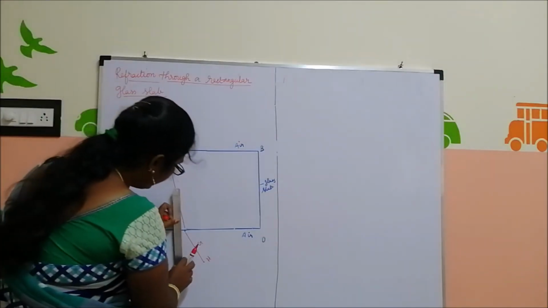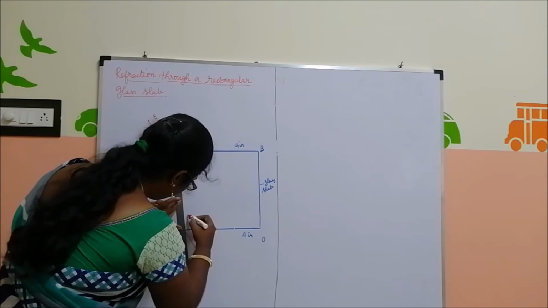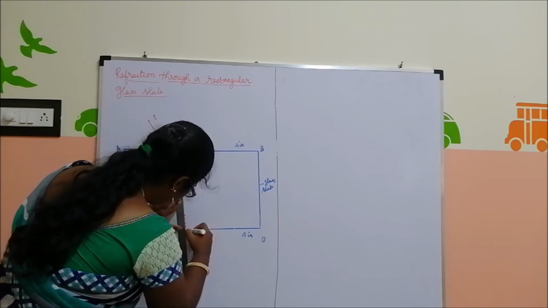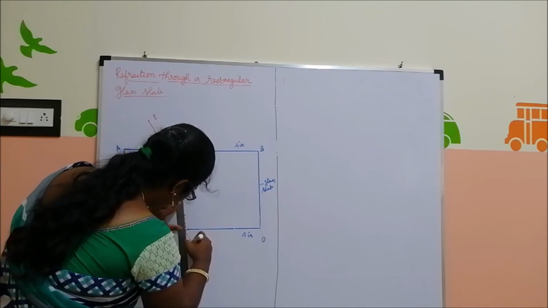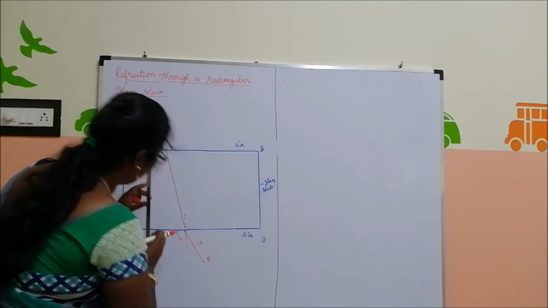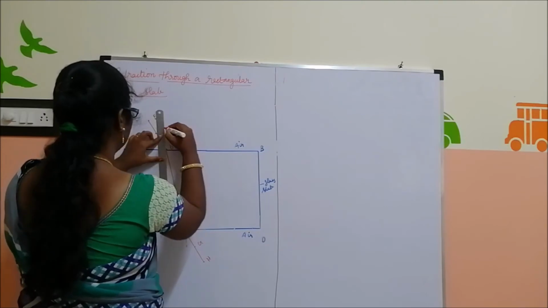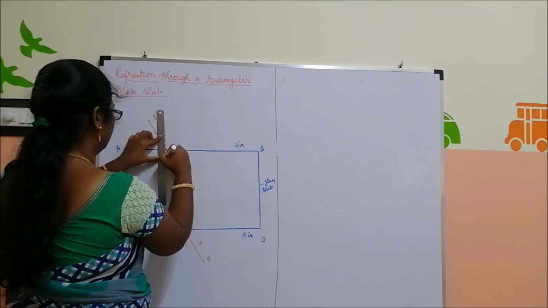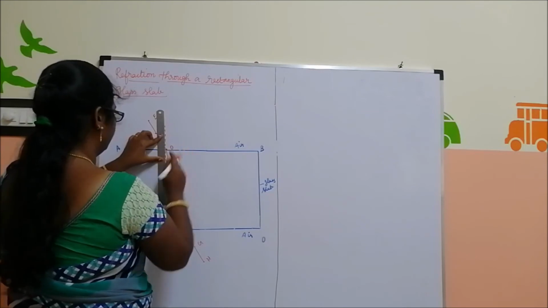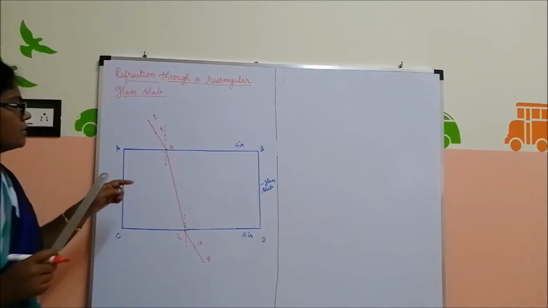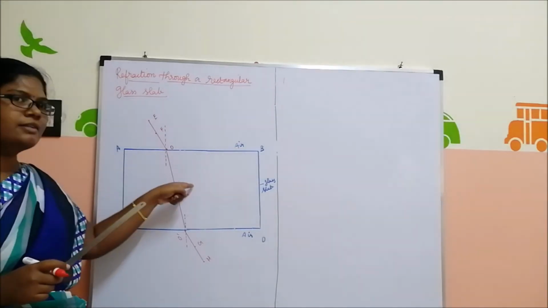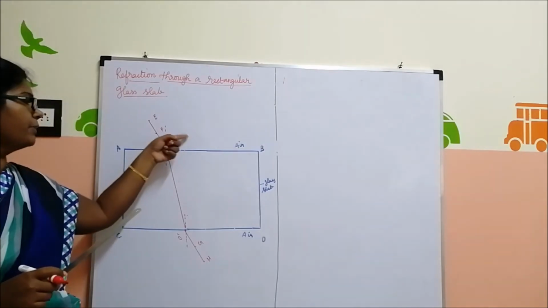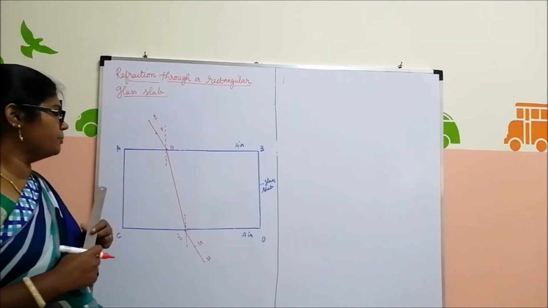Now we can draw a normal from O dash and O. We can see the difference in the propagation of the direction of the ray from the air medium to the solid medium.